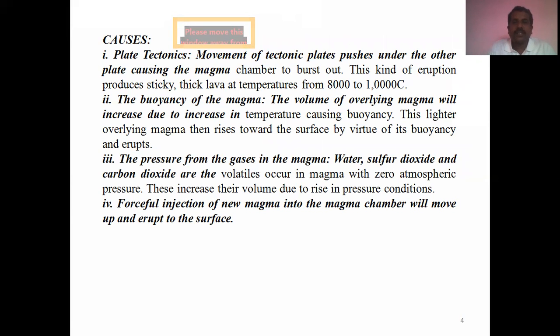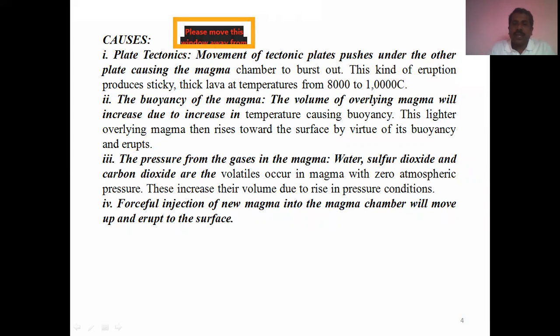First, plate tectonics: the movement of tectonic plates, moving from one side to another, causes the magma chamber to burst out. This kind of eruption produces sticky, thick lava at a temperature of 8,000 to 10,000 degrees centigrade.